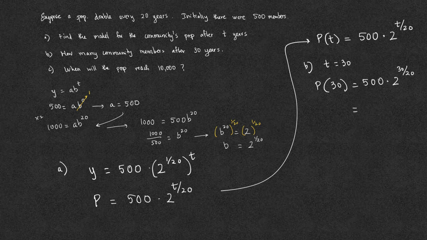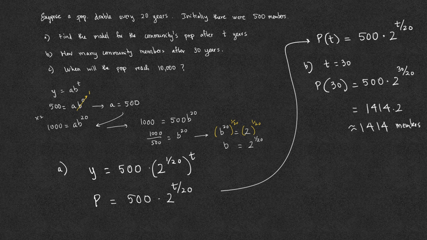We can put this in a calculator and find that when t is 30, the population is 1414.2. But this is community members, so we round to 1414. There are 1414 members in this community after 30 years.